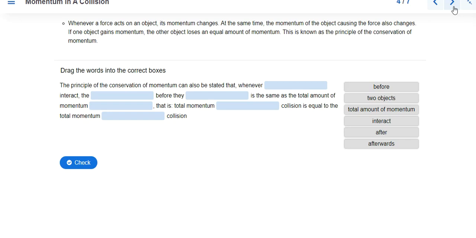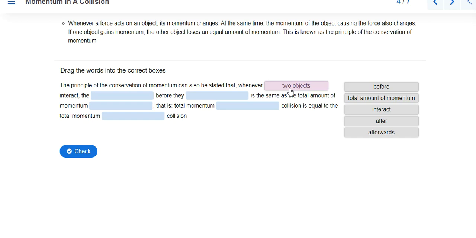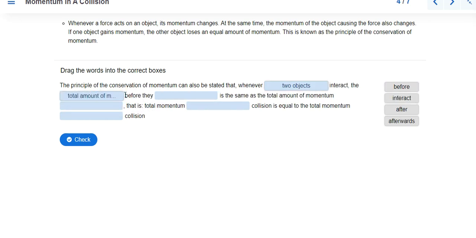The principle of the conservation of momentum can also be stated that whenever two objects interact, the total amount of momentum before they interact is the same as the total amount of momentum afterwards.